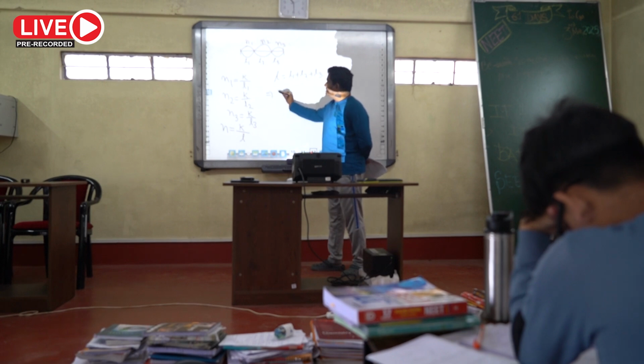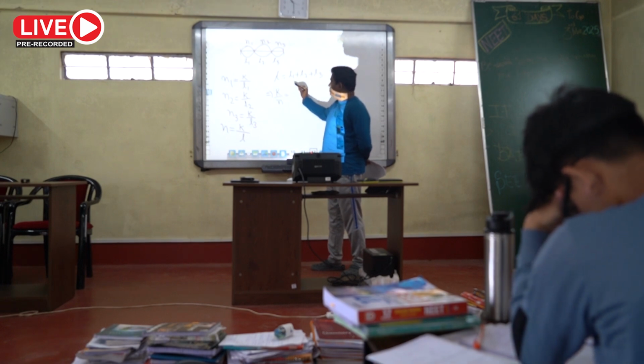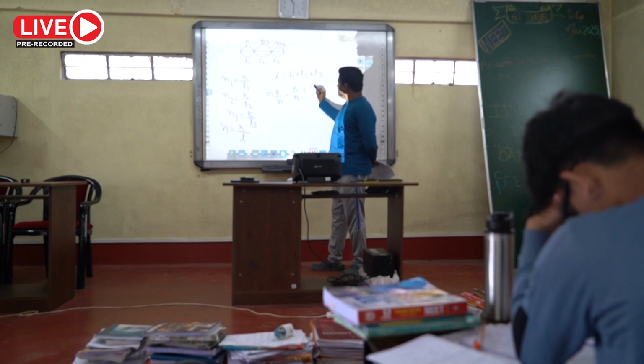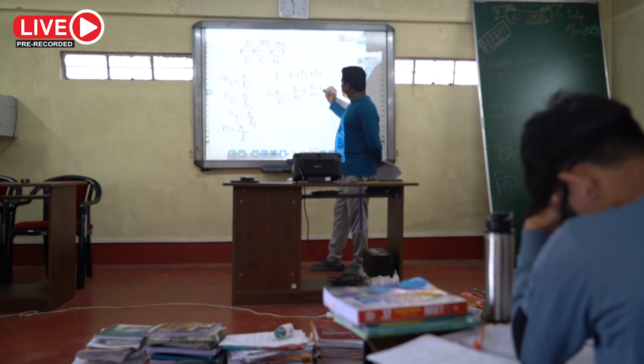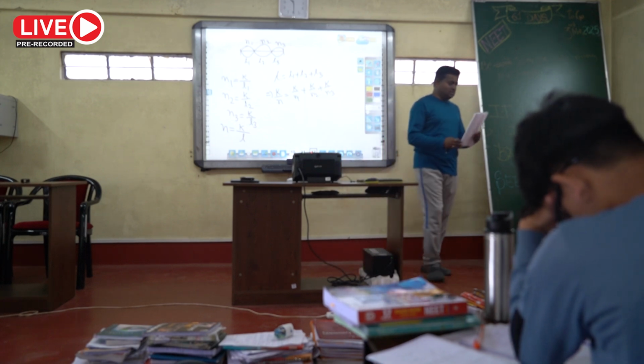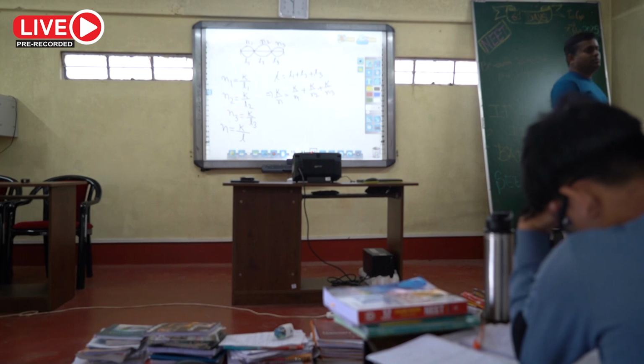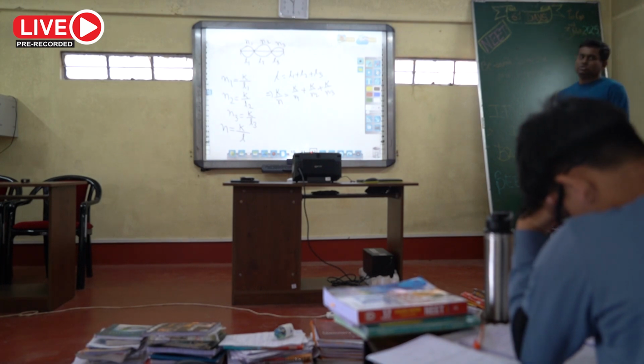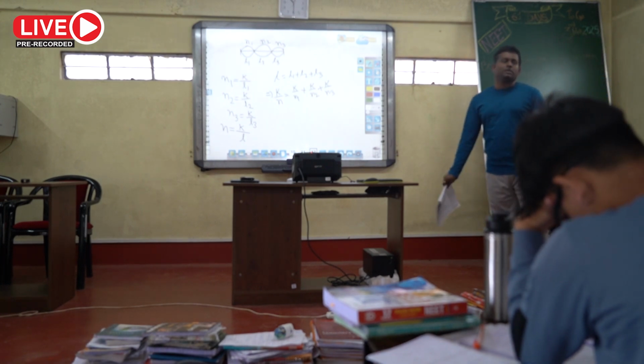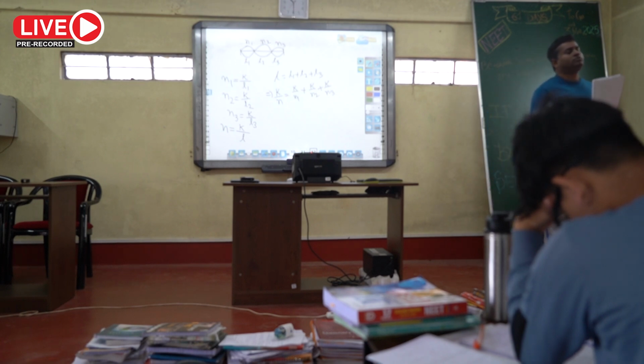So just substitute L is K by N, L1 is K by N1, L2 is K by N2, plus K by N3. Eliminate K from both sides and it will be option 1. So 1 by N equal to 1 by N1 plus 1 by N2 plus 1 by N3.